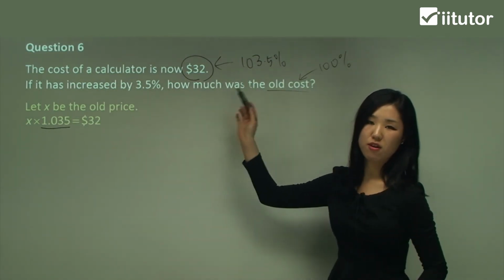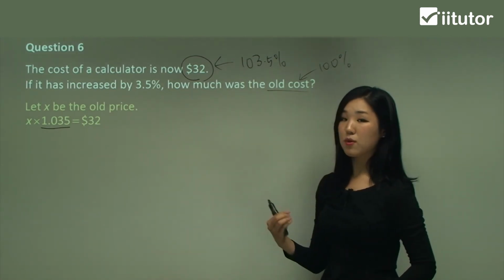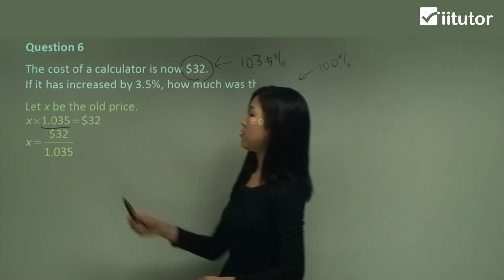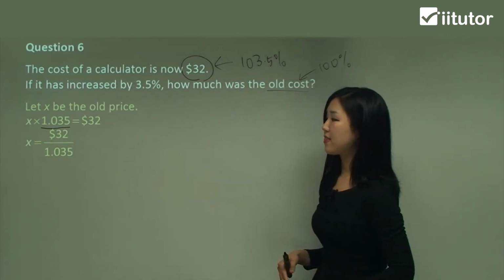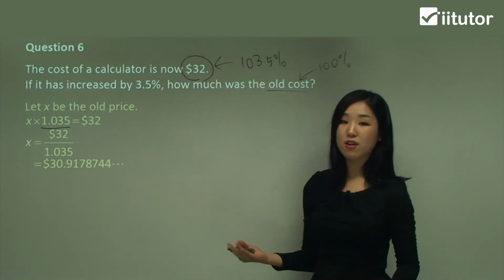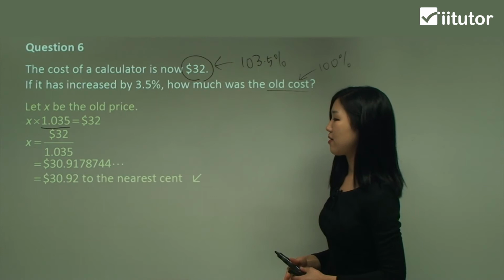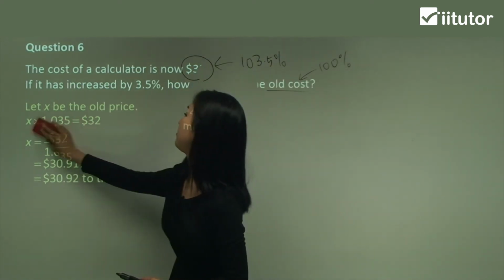So you can write it as a fraction or whatever you like, as long as it makes sense. So to get x, we simply need to divide. So divide 32 by the 103.5%. Calculate that, you should get something like this. It's a price, so we might as well round it to 2 decimal places. So it's $30.92, okay, to the nearest cent.